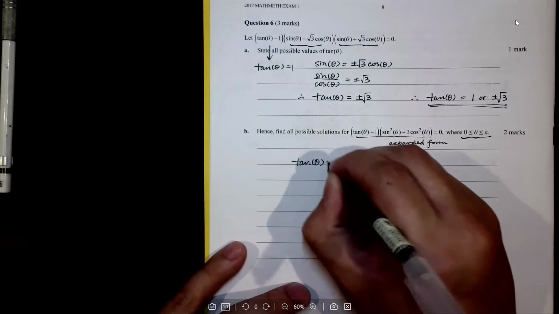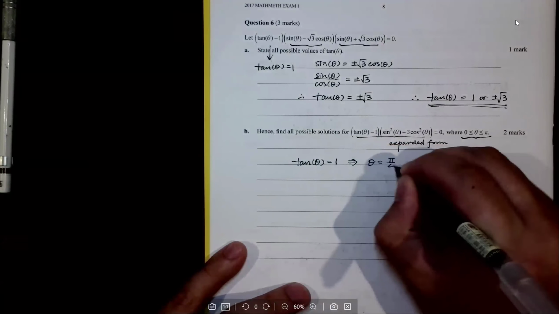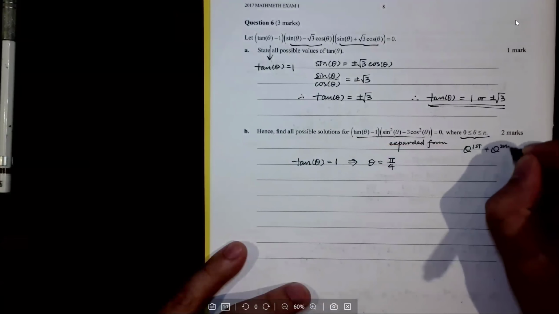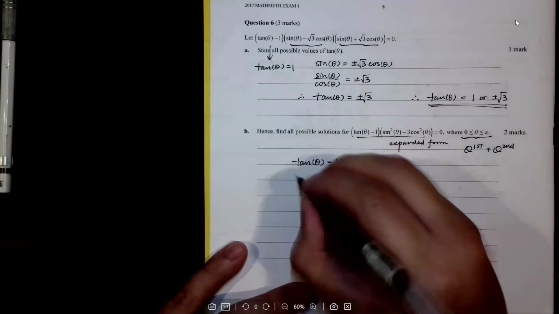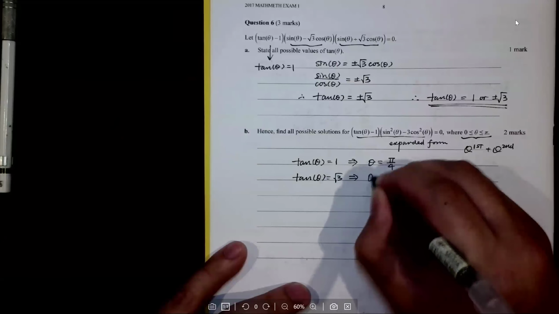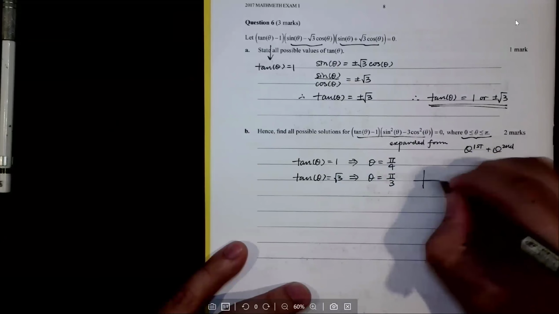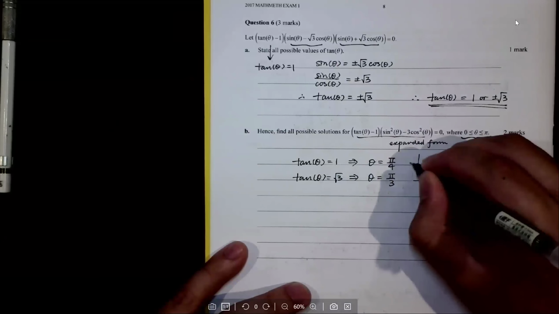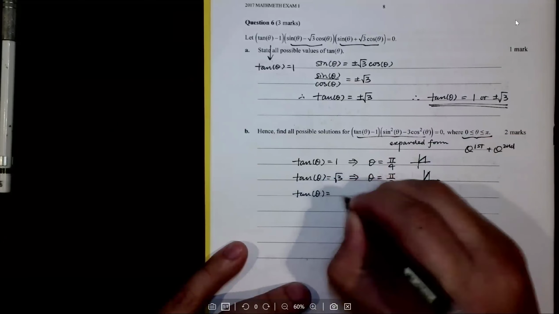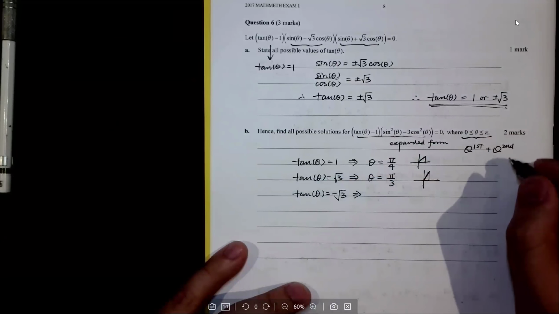Firstly, if tangent theta equals 1, that will give me theta equals pi over 4 only, because we can only take Q1 and Q2, the first two quadrants. The next thing is, if you have tangent theta equals root 3, we will have theta equals pi over 3 only. And if I have tangent theta equals minus root 3, I can only select the angle from the second quadrant.